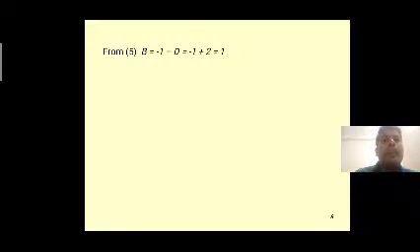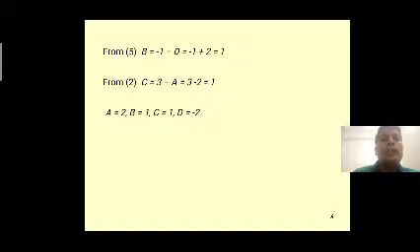From 5 we get B equal to 1 − D, that is −1 + 2, equal to 1. From 2 we get C equal to 3 − A, that is 3 − 2, equal to 1. Here we get A equal to 2, B equal to 1, C equal to 1 and D equal to −2.